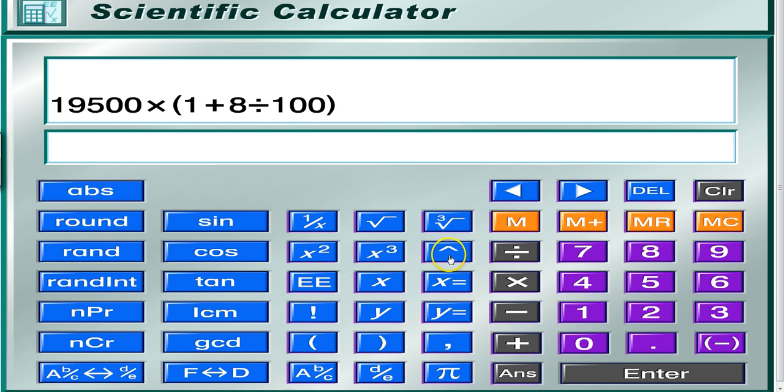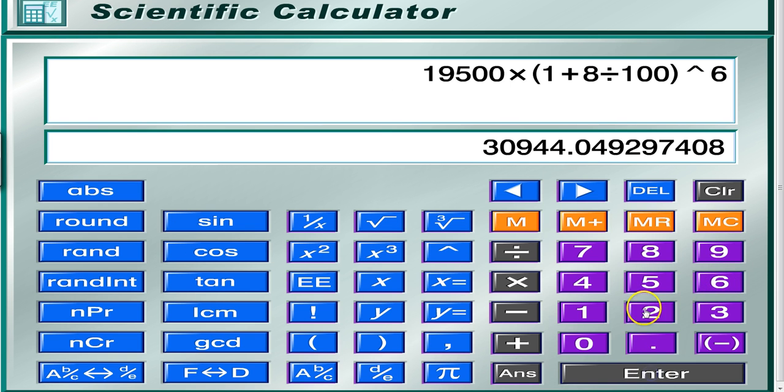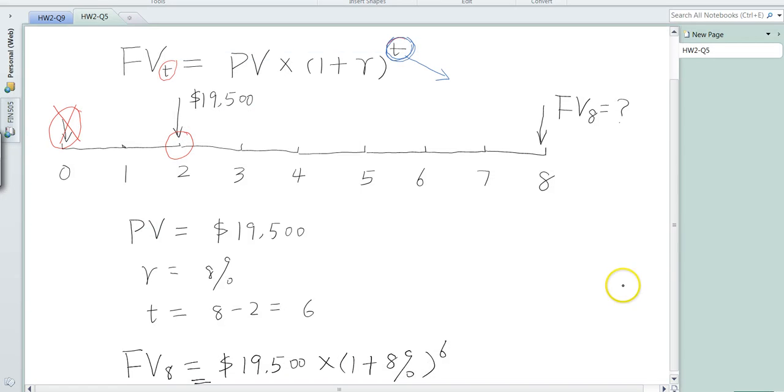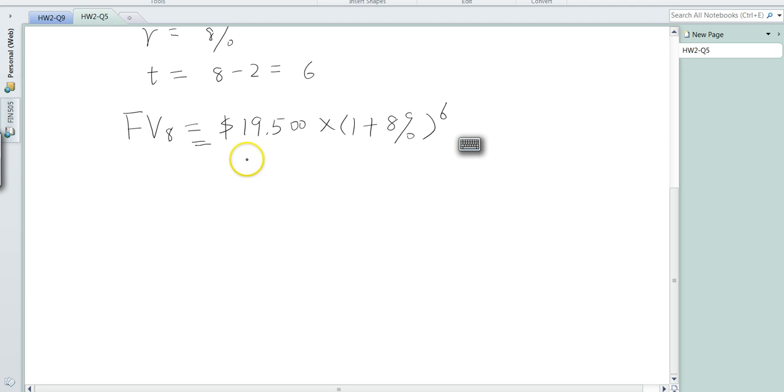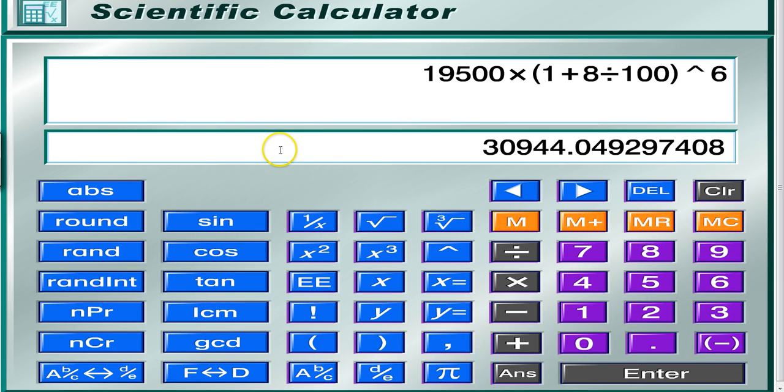This sort of triangle-looking sign is my power function. Raised to the power of, as we said, 6. Okay, so the final answer is 30,944.05.